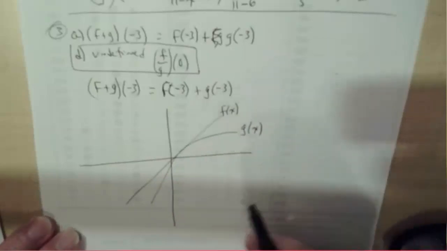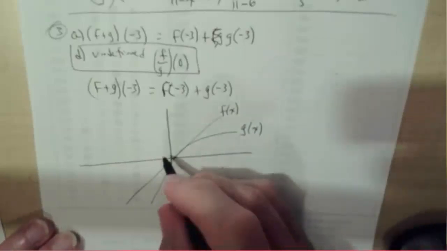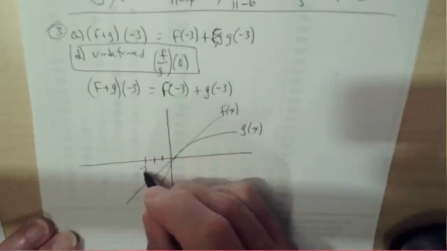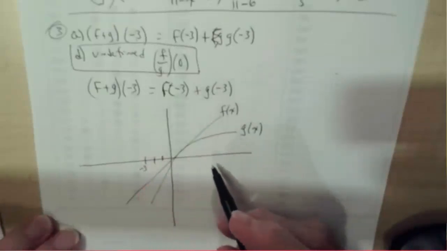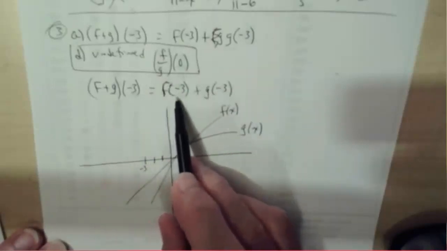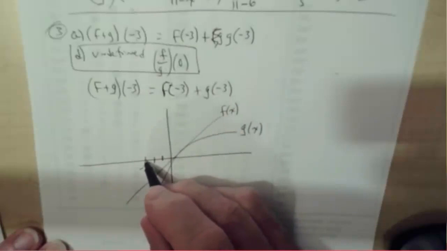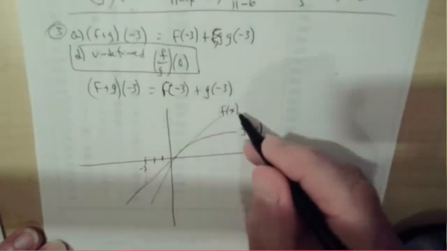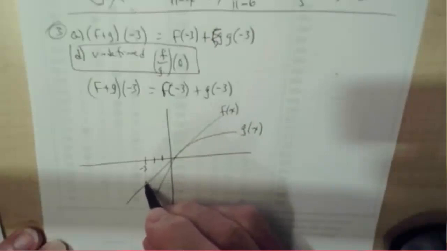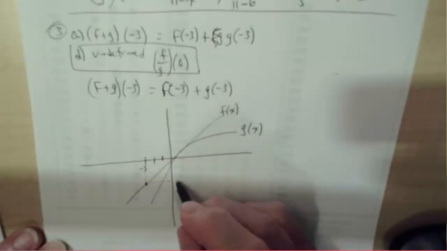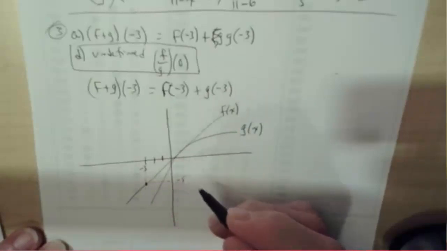But again, I don't know what yours looks like. Now, here's negative 3. So f of negative 3 will come down. Now, where does it hit this line? This is f of x. It hits it right here. So you have to go over here, and it looks like this might be like negative 5 or something.